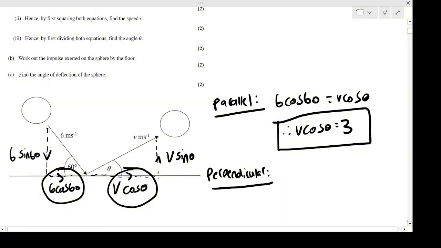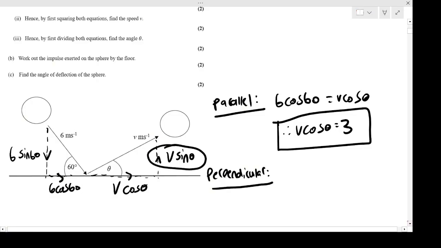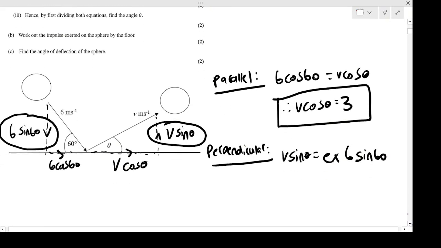Then I'm going to do the same for perpendicular. So now the perpendicular part, v sine theta, is going to be e lots of the speed before. Now the perpendicular part before is 6 sine 60. And so then we can simplify all this. So v sine theta is going to be e, which was a third, times 6 sine 60.